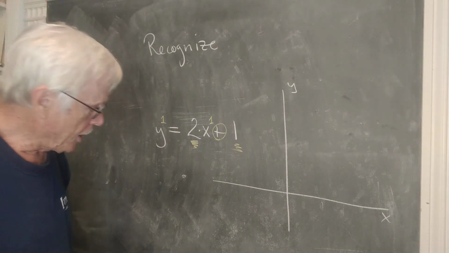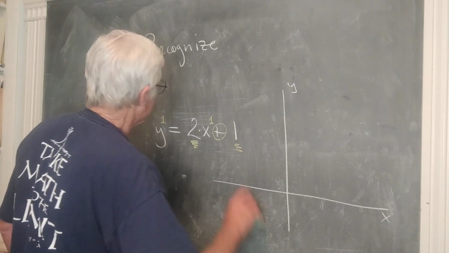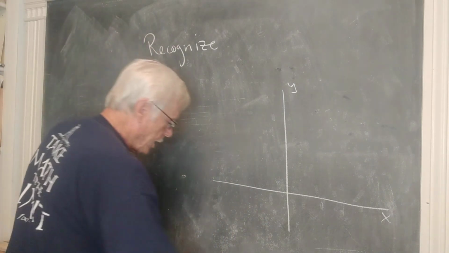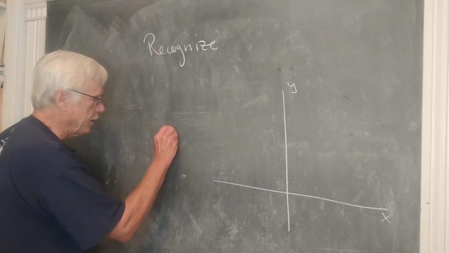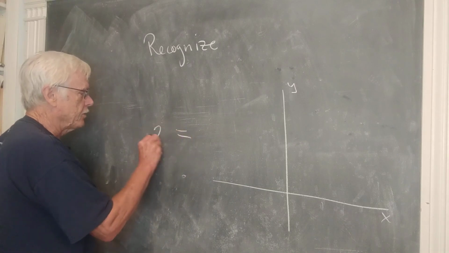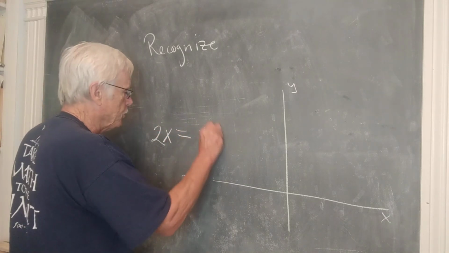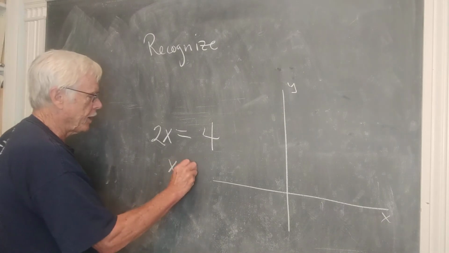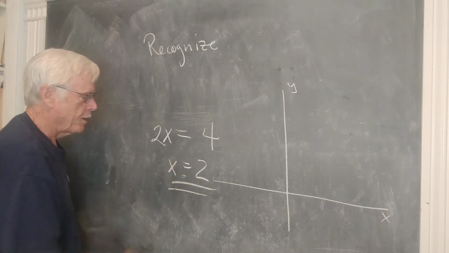Now, if we tried one dimension less than this, so we have a linear equation, so it's got an equal sign, and it's got, say, only one variable, then we could simplify this and get x equals 2.